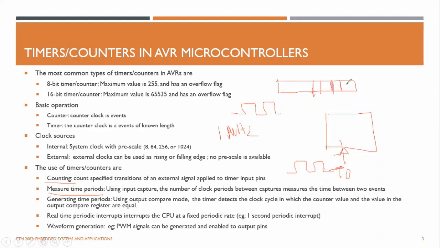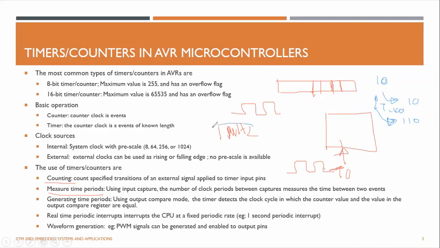For example, if the current timer value is, let's say, 10, you read it as 10, and after spending some time, you come back and see the timer has reached 110. So you know the time between the events is like 100 pulses.